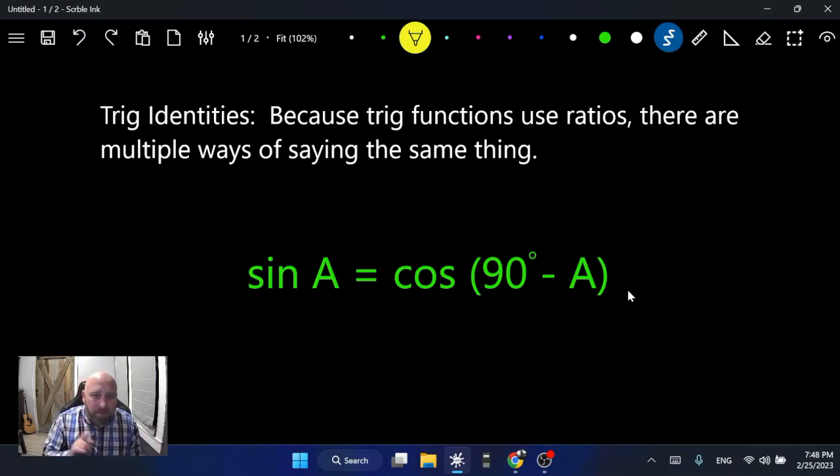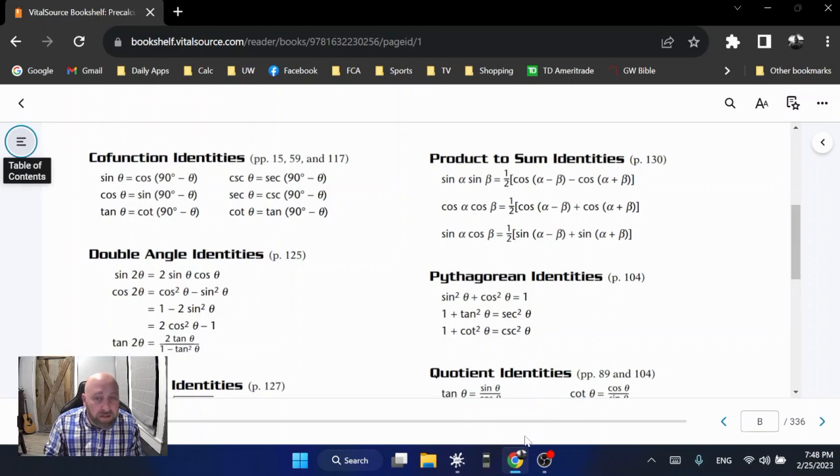I'm going to show you something, and I don't want you to jump off a bridge or something, okay? I am going to show you a little peek into pre-calculus. I'm going to show you the front cover of the calculus book. This is the inside front cover. Cofunction identities.